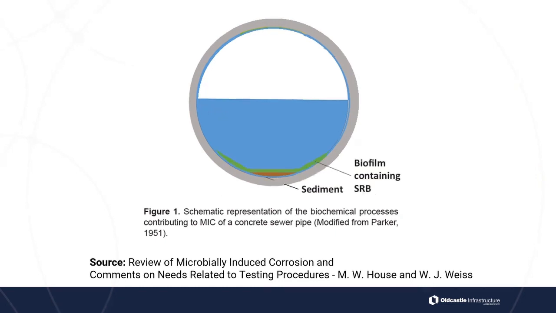So the biofilm is an established layer of microorganisms and organic materials that are known as extracellular polymeric substances, or EPSs. Now, these are natural polymers. They have high molecular weights. They're secreted by microorganisms into their environment. And the thickness of the biofilm present in a concrete sewer pipe is typically between 0.3 and 1 millimeter.